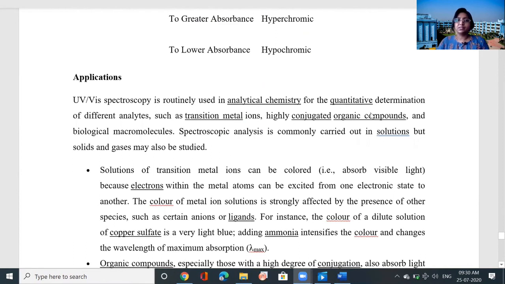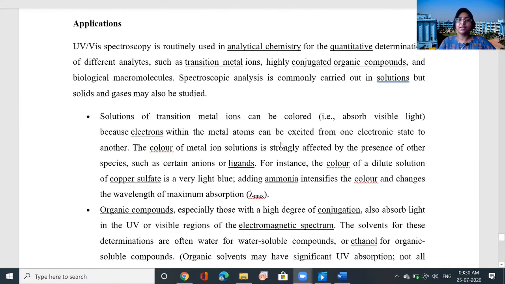Just to summarize the different applications: UV-Vis spectroscopy is routinely used in analytical chemistry for the quantitative determination of different analytes, such as transition metal ions, highly conjugated organic compounds, and biological macromolecules.